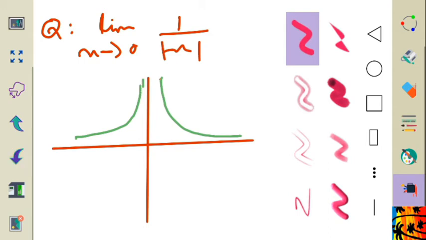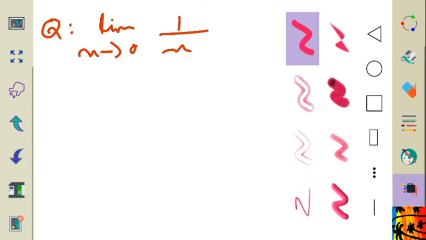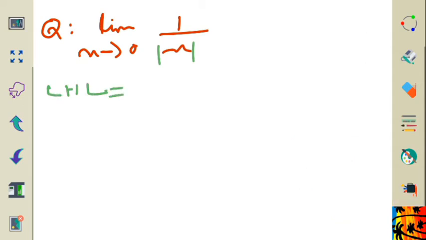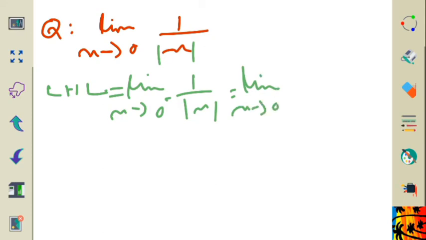Clear? Look at this. This is mod x. So I will find first LHL. LHL is limit x tends to 0 minus 1 by mod of x, that is limit x tends to 0 1 by minus x, that is equal to minus 1 by 0, which is infinity.